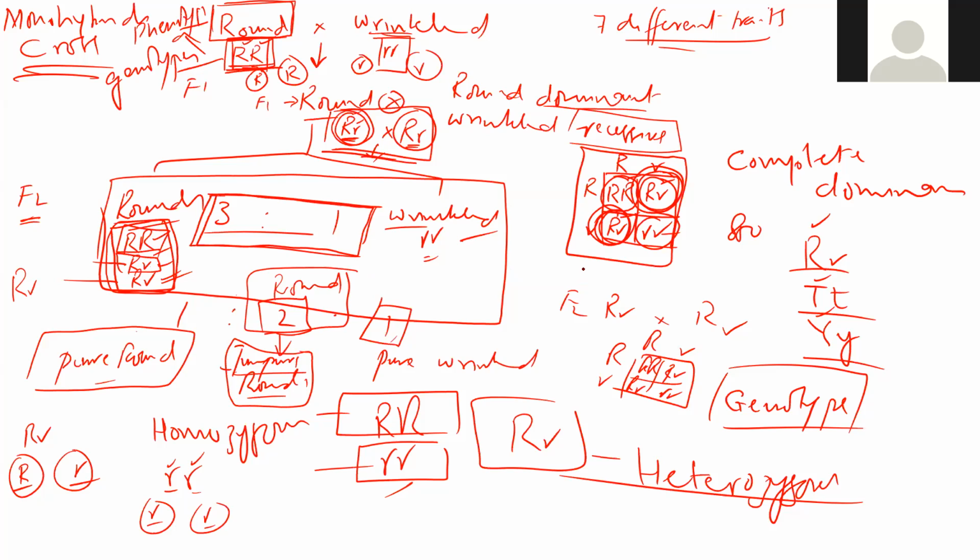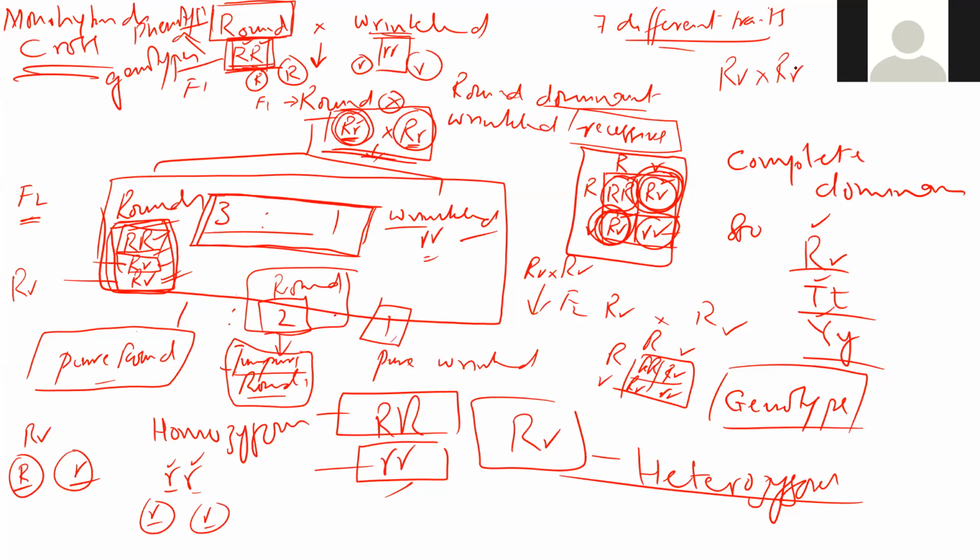But in their phenotype we still get the round, right? How many rounds will we get when this parent grows? How many rounds and how many wrinkled? 50-50? No. 1:2:1? No. Phenotypes, tell me phenotypes.